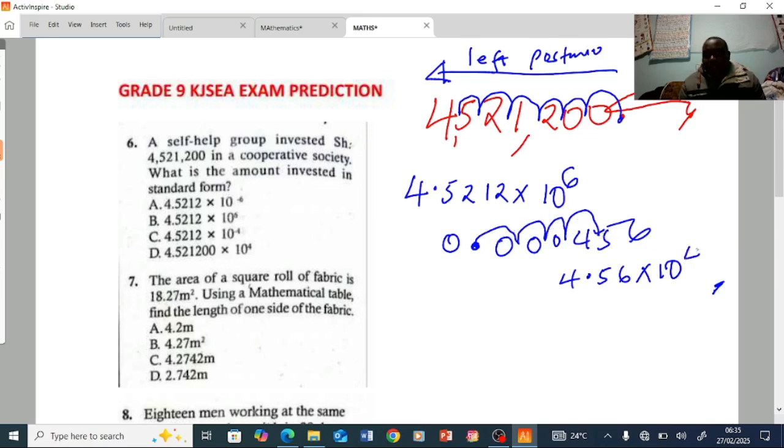Therefore, it is 4. Now, is it positive or negative? When you move to the right, looking for that number, the power is negative. So this one will be negative 4. From the decimal point to the right, we are looking for the number between 1 and 9 to write it in standard form. Therefore, the correct answer here is B.